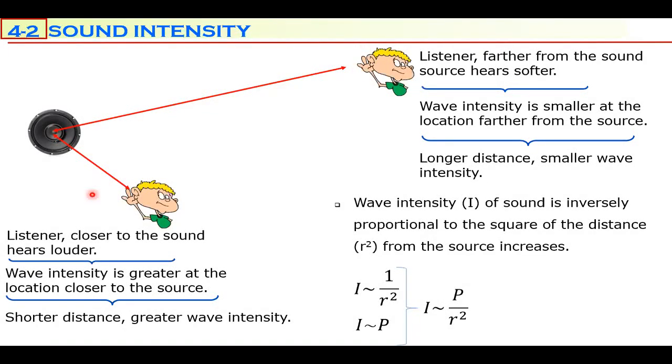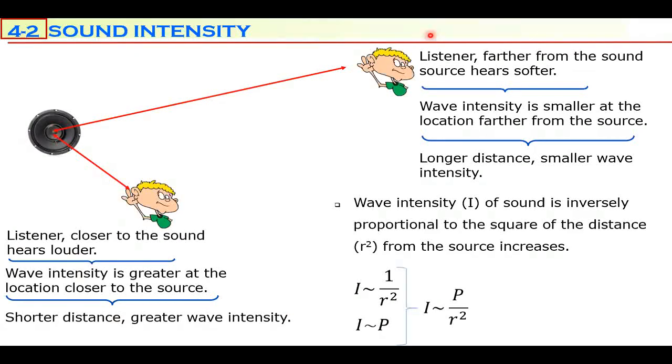The closer one hears the louder sound, but the farther one hears a softer sound. Wave intensity is greater at a location closer to the source. So shorter distance, greater wave intensity.